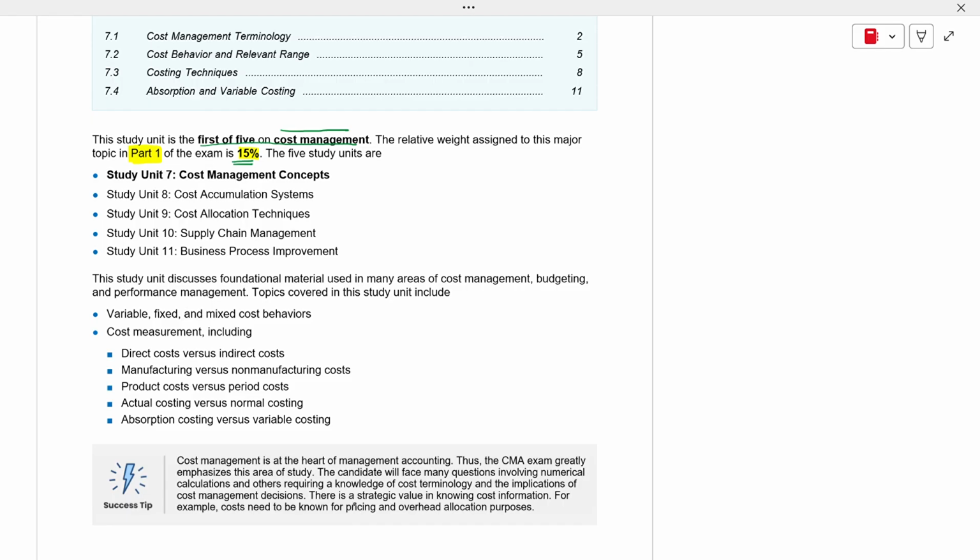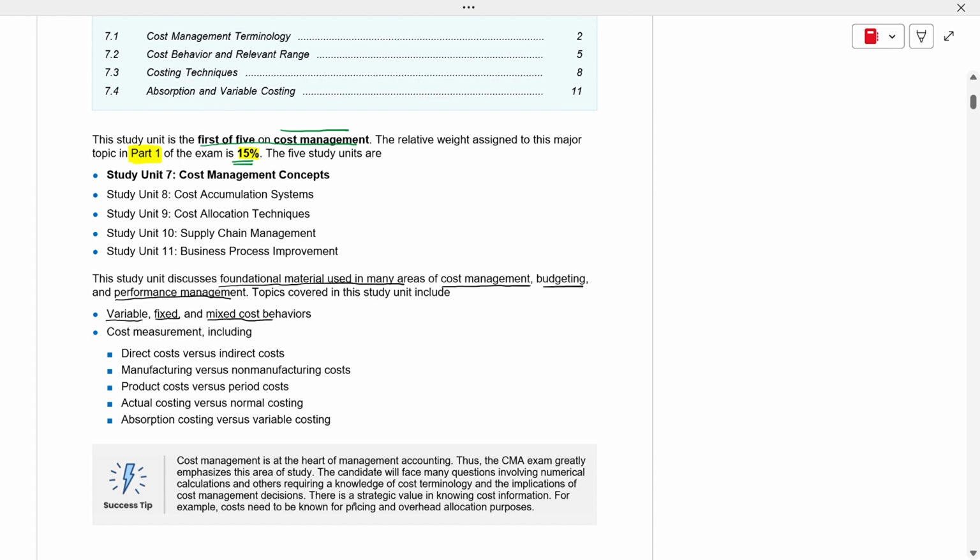We are saying that the study unit discusses foundational material used in many areas: the basics of cost management, in terms of budgeting and performance management. What are the things we are covering? We are talking about the variable cost, the fixed cost, and the mixed cost. Mixed means semi-variable.